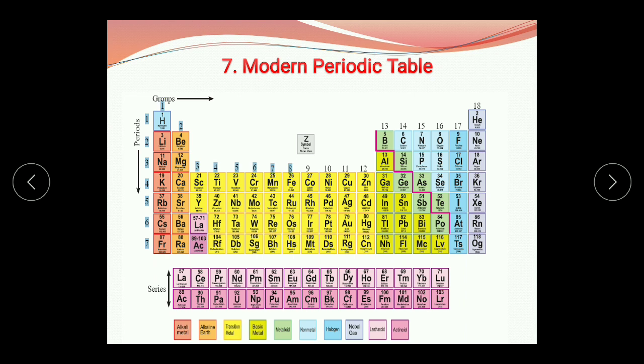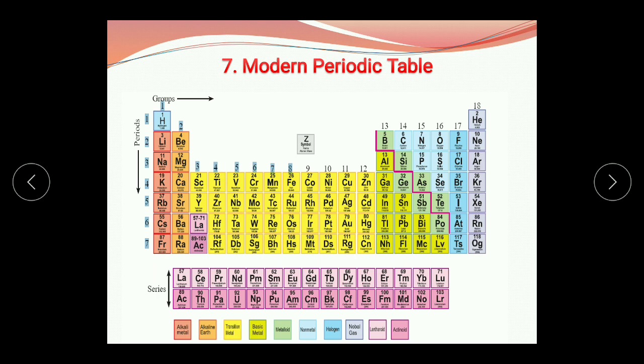Now, in the previous session, we learned about the classification of elements, how it is done by using the modern periodic table. This table has horizontal rows intersecting the vertical columns. Thus, it gives rise to a number of boxes. The horizontal rows are called periods and the vertical columns are called groups.